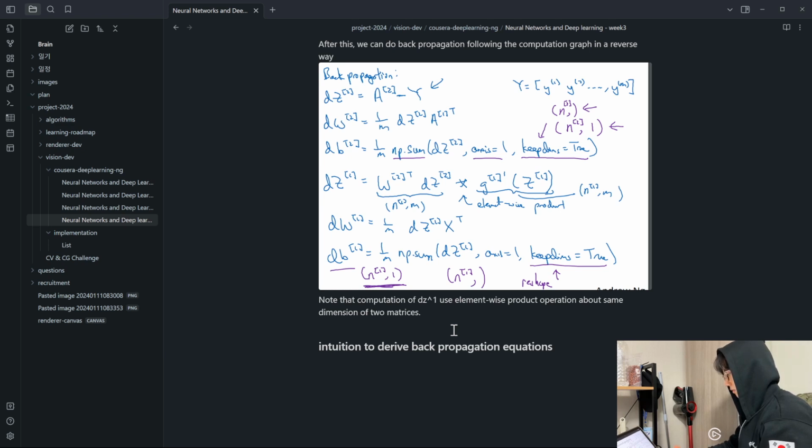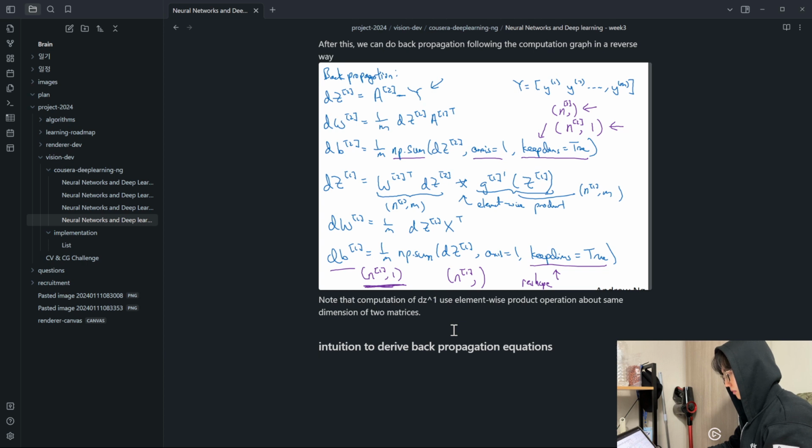So to make sure that the dimensions of all this match up, we have that dZ1 is equal to W2 transpose times dZ2, and then this is an element-wise product times G1 prime of Z1.